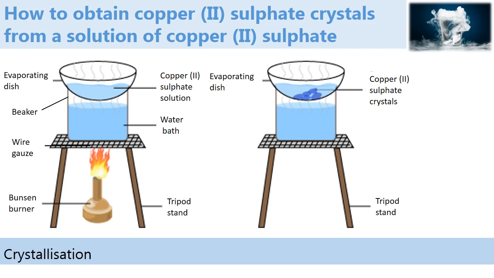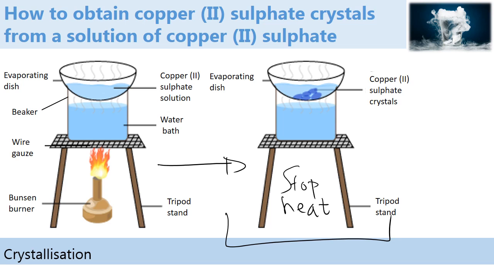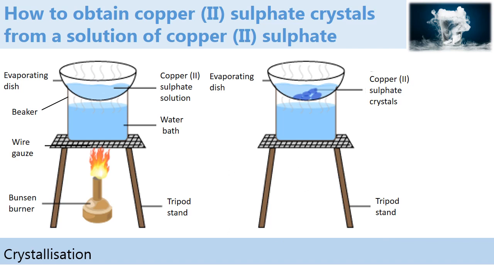After we reach saturation point, we shift to this next diagram and we stop heating, and allow the solution to cool. You may notice that crystals of copper 2 sulfate will start to form in the evaporating dish as the solution cools down.